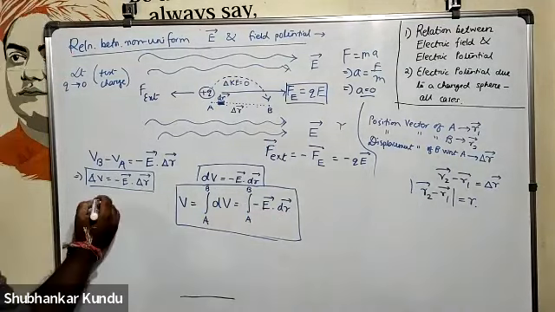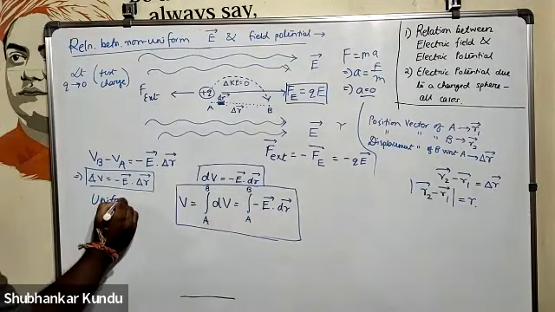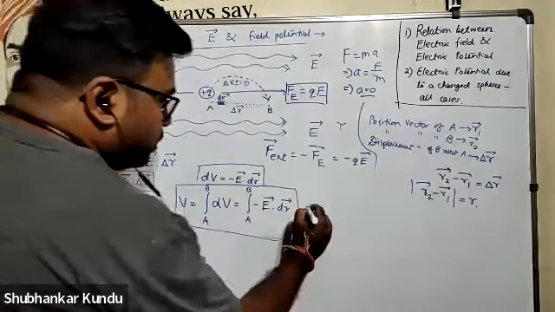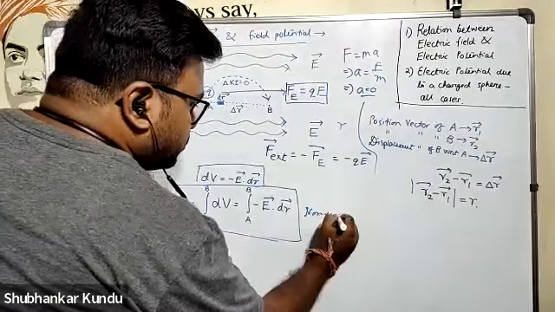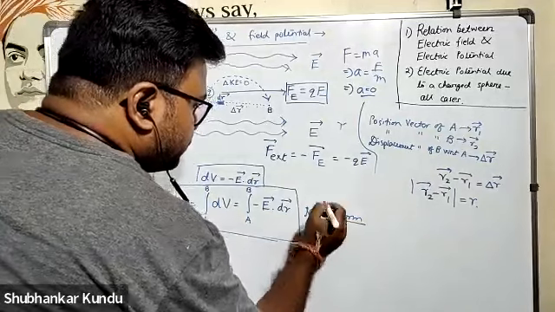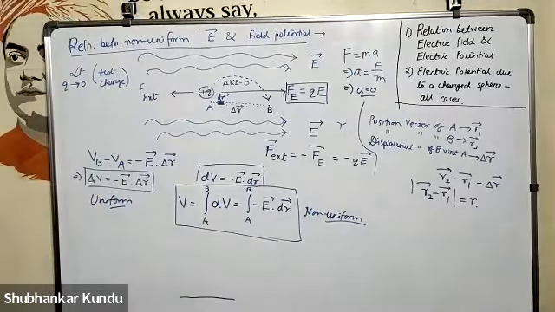So this is the case of uniform, and this is the case of non-uniform. This is the relation between electric field and electric potential when the fields are either uniform or non-uniform.